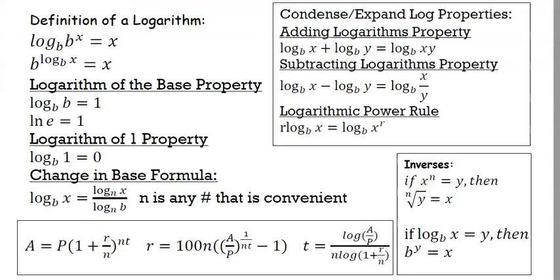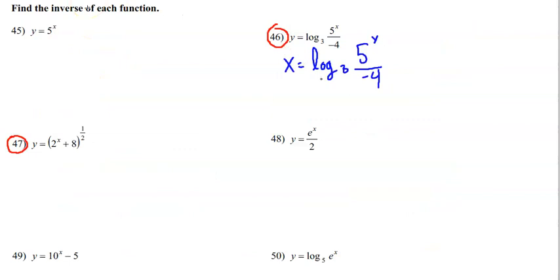Okay, now from this page of notes we have the definition of a logarithm. If we raise b to the log base b of x, we'll just have x. So to get rid of this log base 3, we're going to base each side by 3.